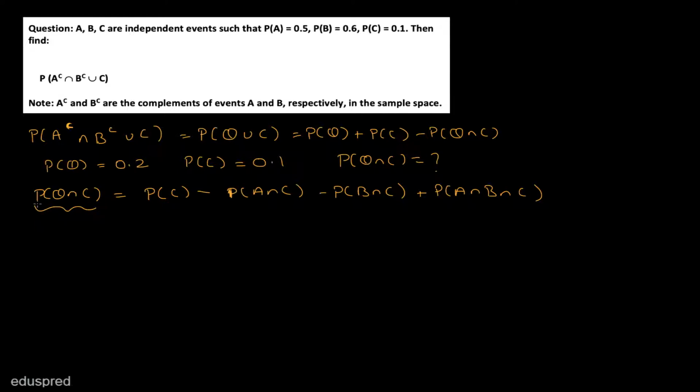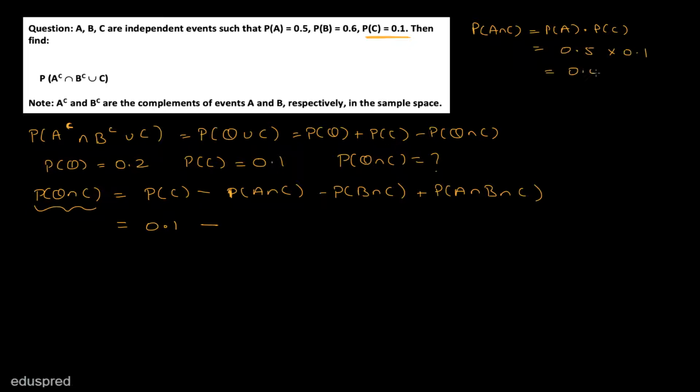Okay, so this is the last thing that we have to do. We have to figure out probability of Q intersection C. So this is equal to probability of C, which is what we are already given in the question. It is 0.1. So this is 0.1 minus probability of A intersection C. Because A, B and C are independent events, we can write that probability of A intersection C is equal to probability of A multiplied by probability of C. So this is 0.5 multiplied by 0.1.